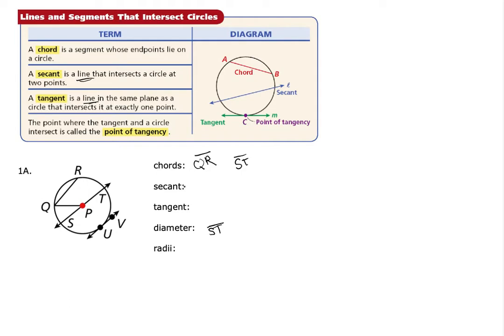Secant, now this is a line, and it has to go through 2 points of the circle. So it's line ST. So you just have to be careful about how you label it. Where this was just segment ST, this is line ST. Tangent, that's going to be where it just touches it once, so that's line UV.